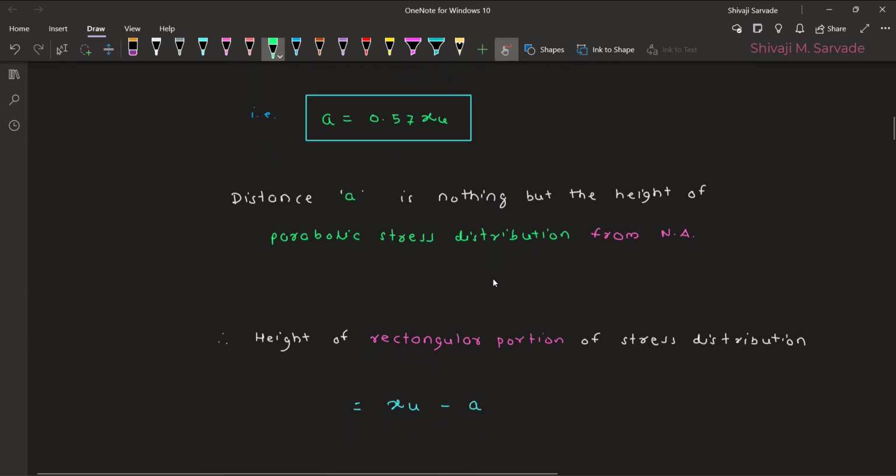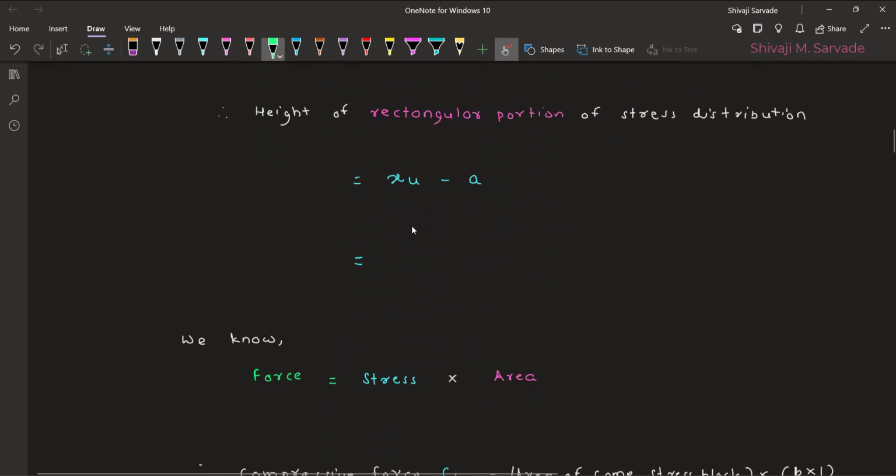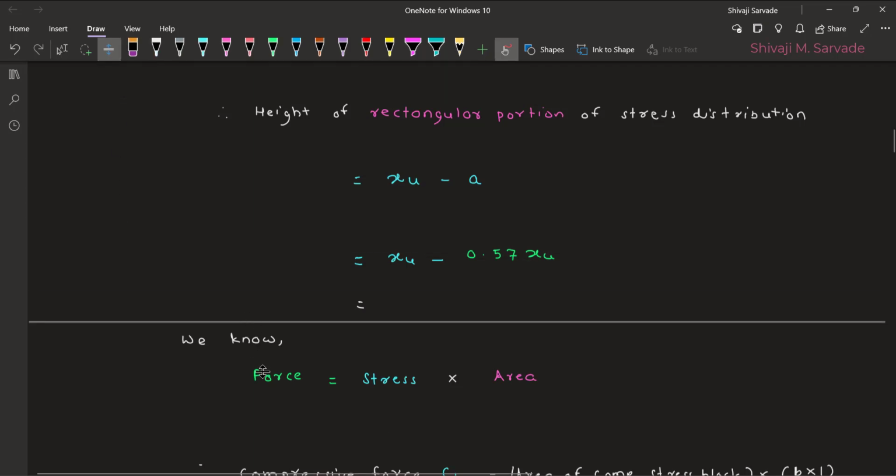So let's go down. XU is as it is, and just now we got our A value, which is nothing but 0.57 XU. So that gives us, let's say, 1 minus, let's get some space here.